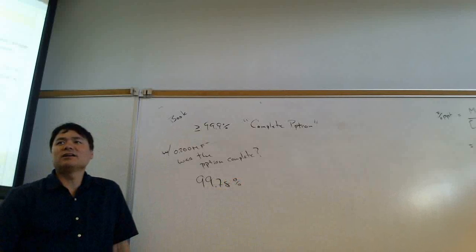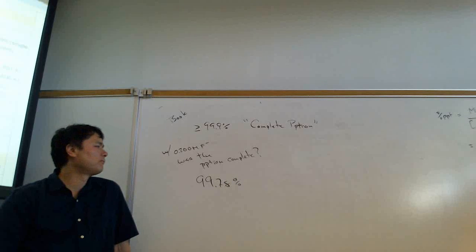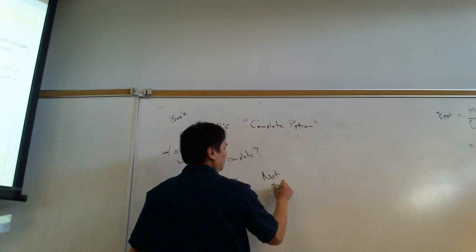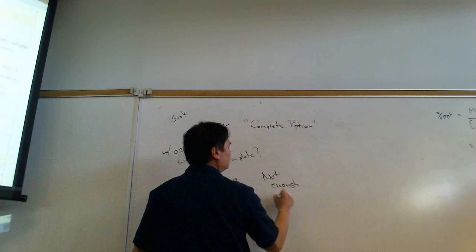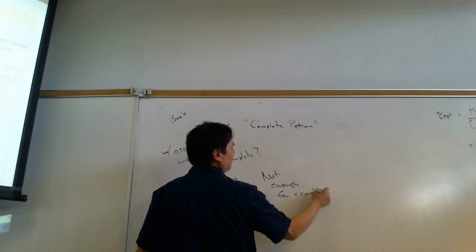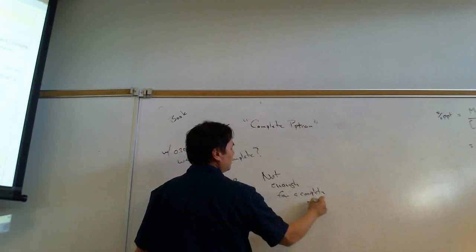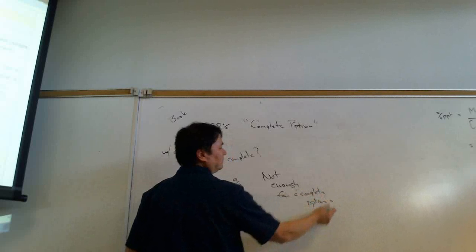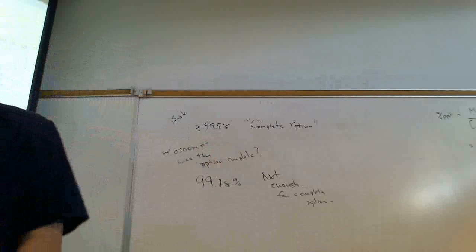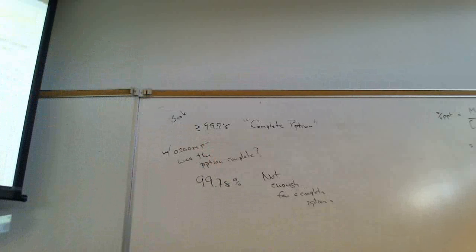If this calculation is correct, then would we call it a complete precipitation? Did we get it? No. Not enough for a complete precipitation. And so complete precipitation is somewhat arbitrary, just some number.